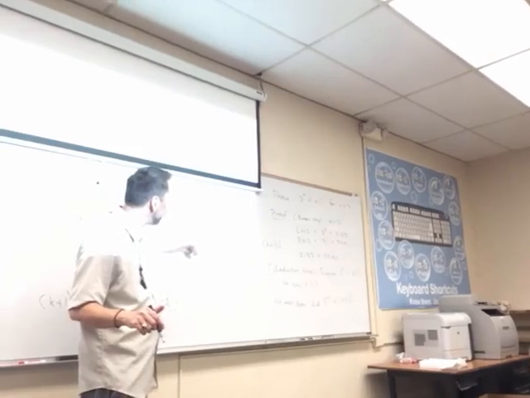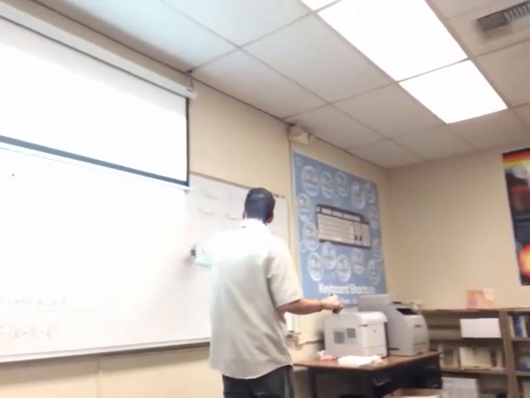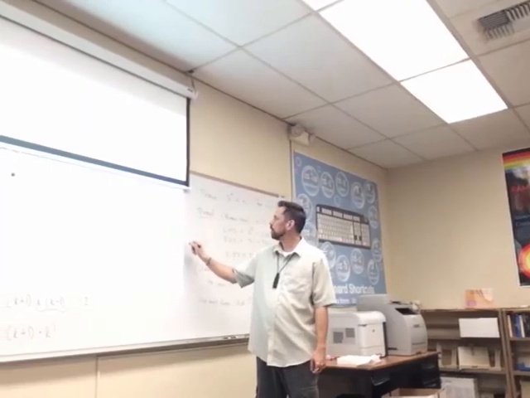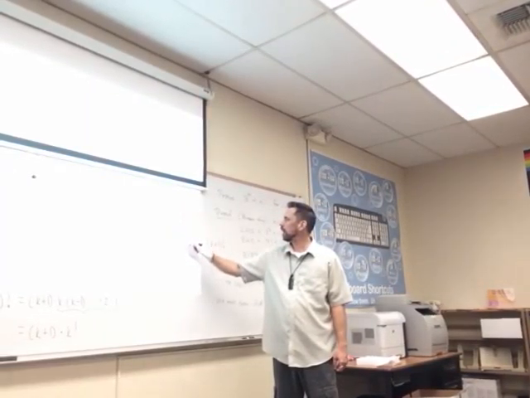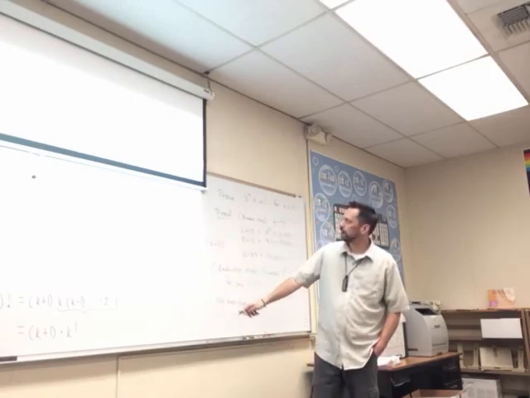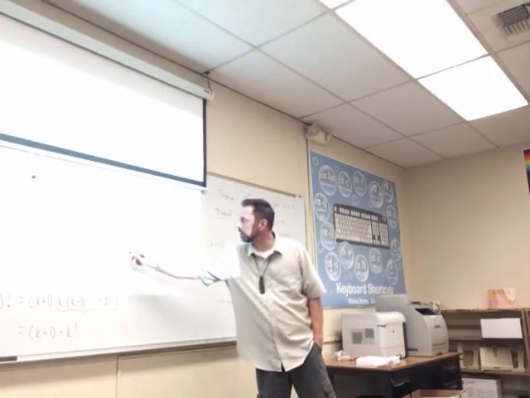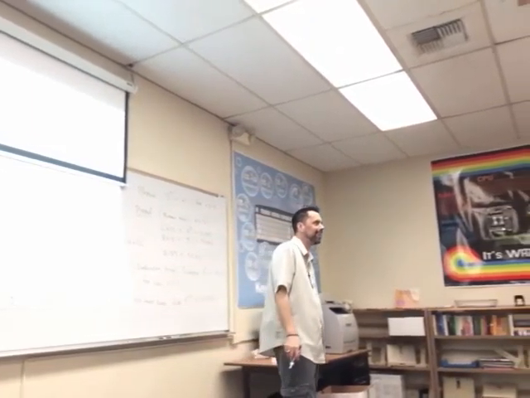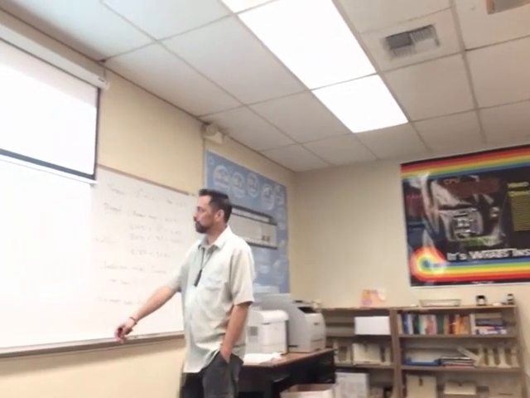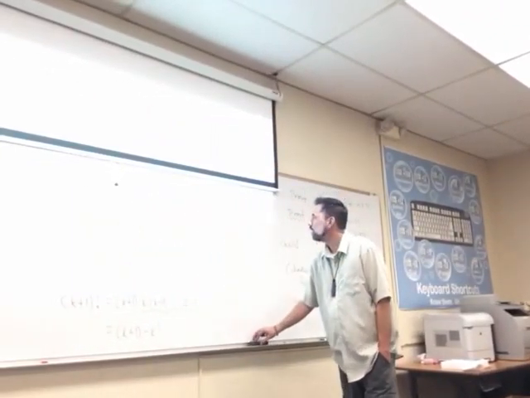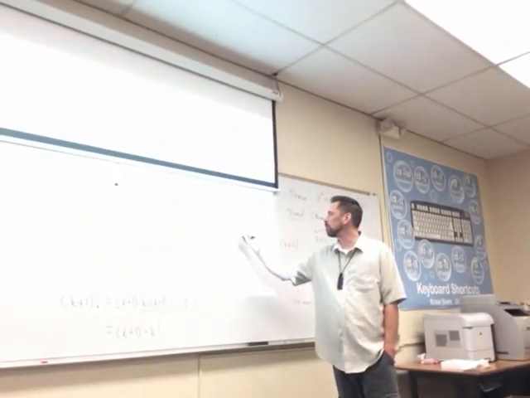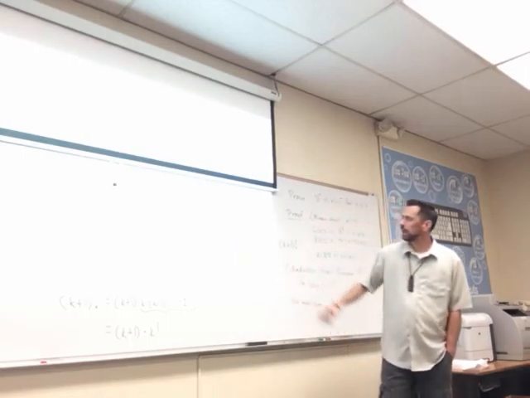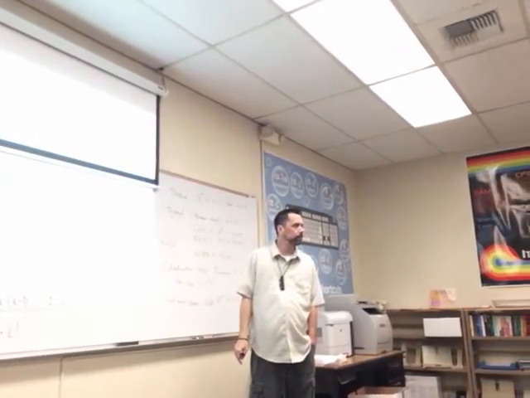3 times k factorial. I'm trying to get to k plus 1 factorial, which I know is k plus 1 times k factorial. So all I need to do is figure out what's a relationship between 3 times k factorial and k plus 1 times k factorial. Well, I think the relationship is that 3 times k factorial is less than k plus 1 times k factorial.